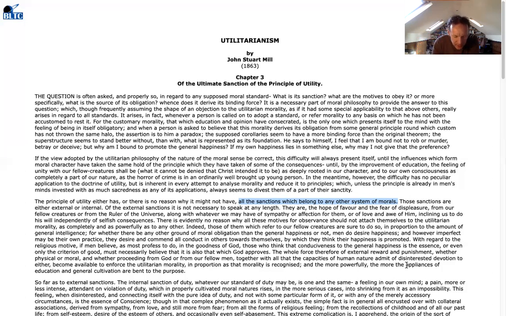So if we take conscience, which he's going to talk about in this section here, he's going to say that in essence, conscience is a complex phenomenon, but it derives from motives of sympathy and affection.